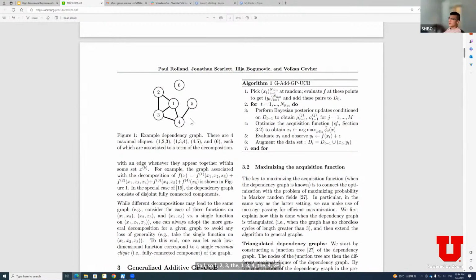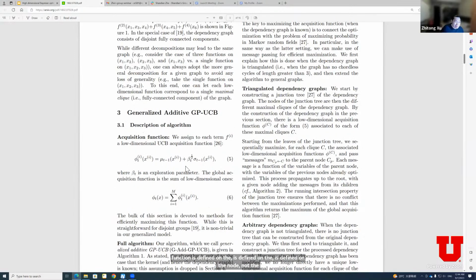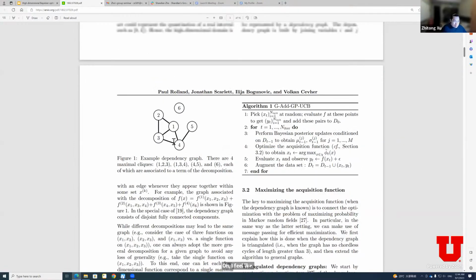So given the GP of 1, 2, 3, 4, can you compute the marginal distribution of 1? Because in equation 5, I think the acquisition function is defined on the node, not the cliques. I feel like that's a clique. Let me go through it.